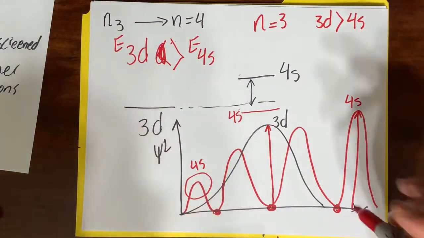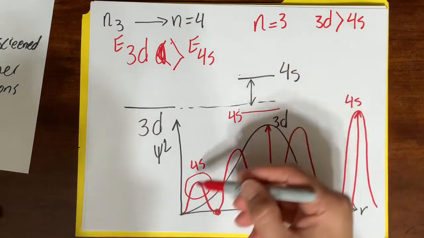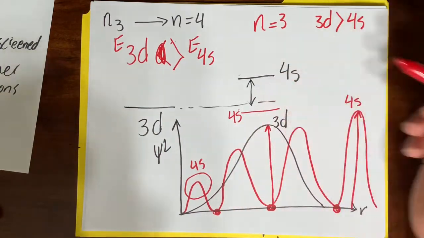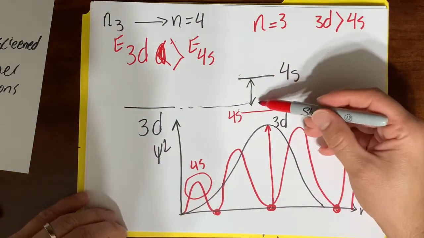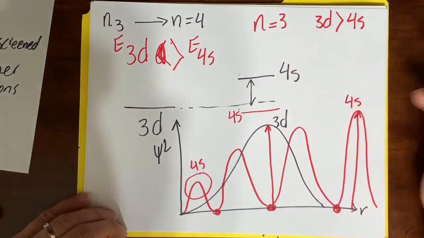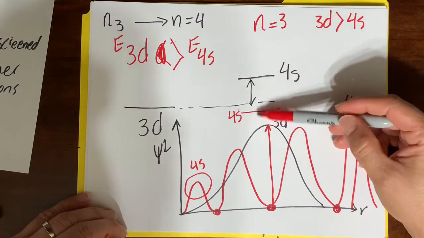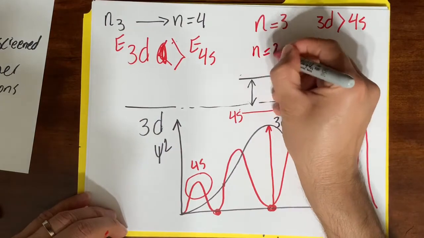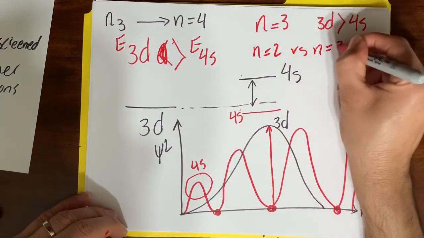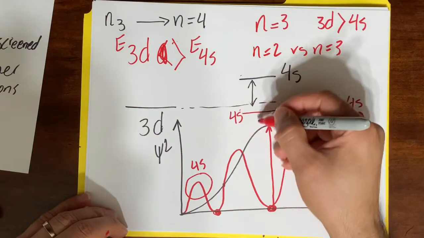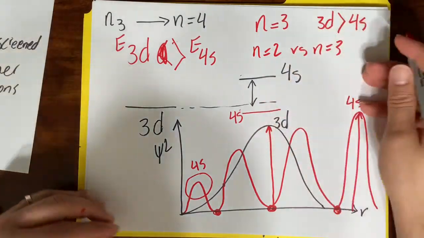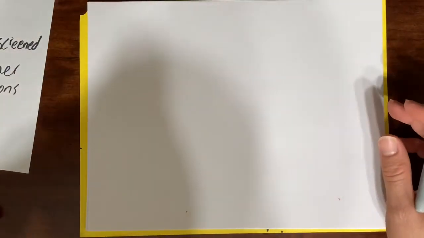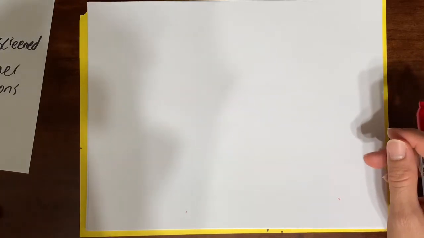No, the gap between them is so huge that penetration cannot pay off that gap. This gap is small when it comes to n3 or higher, and penetration can pay off this gap. When it comes to n2 versus n3, the gap is huge and penetration cannot pay off that gap. So from now, anytime we are dealing with d orbital, we will write it after s orbital.